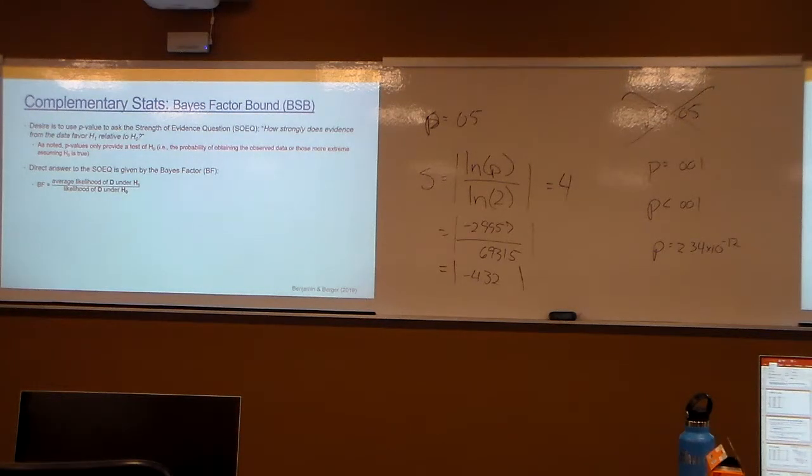And Bayes factor is what we do: we take a look at the average likelihood of the data under the alternate hypothesis over the likelihood of the data under the null, okay? So basically we've got essentially an odds ratio, right? What's the likelihood of the data under the alternative versus the likelihood of the data under the null?